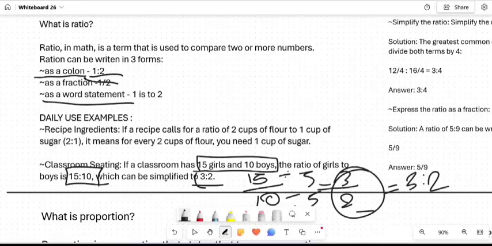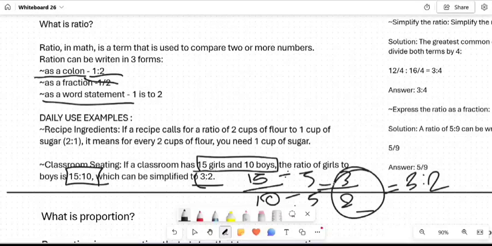Okay. And remember one point: if they give us a sentence, such as if a classroom has 15 girls and 10 boys, the ratio of girls to boys is, and they tell us to write the ratio in a fill in the blank, you are not supposed to write 10 is to 15.